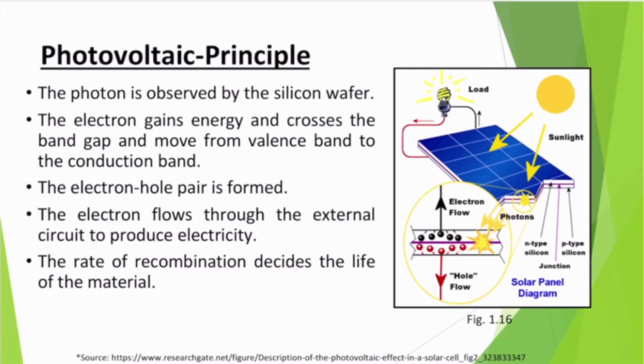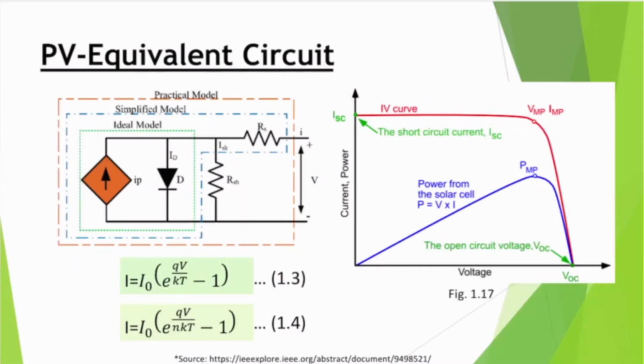So let us now get into the electrical circuit diagram of a photovoltaic, or PV equivalent circuit. The left hand side very clearly shows how a photovoltaic system is represented in the form of electrical networks, and the right hand side graph talks about the IV characteristic of the solar cells or photovoltaic arrangements. There are two things we need to focus on here.